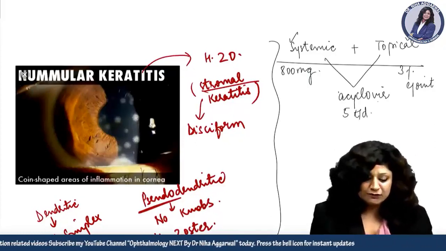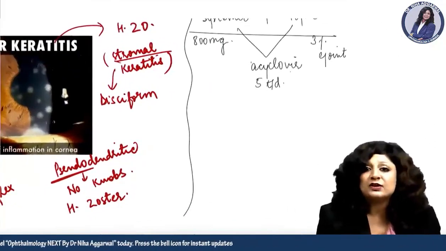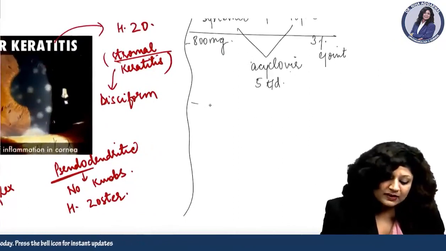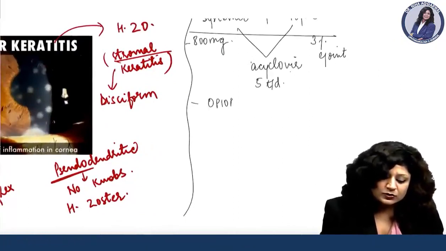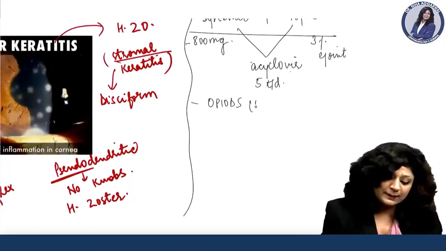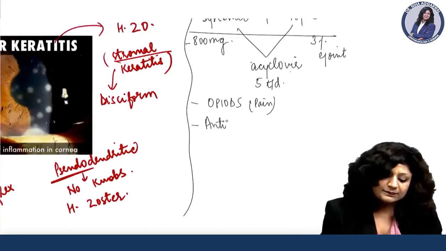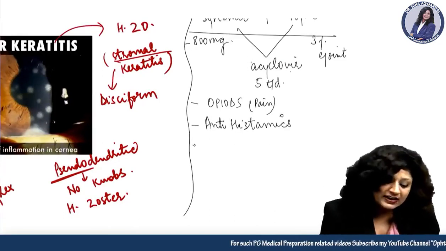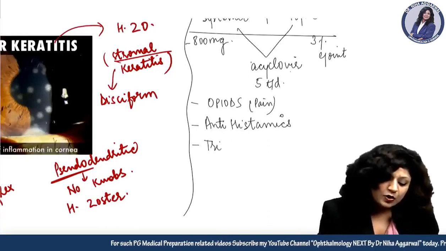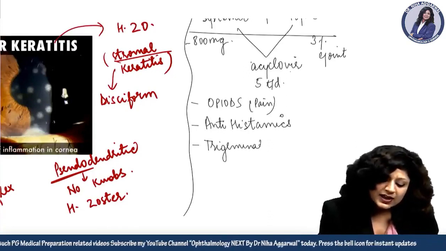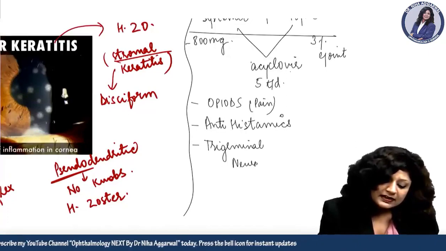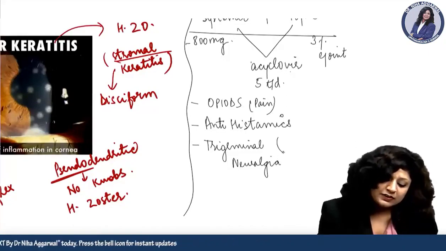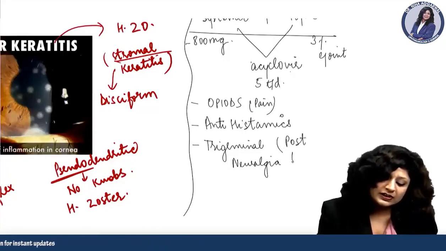What else can we give? Because here we have got a lot of itching, a lot of pain. For pain, we can use the opioids group of drugs. For the itching, we will use antihistaminics. Now because it is a systemic condition where you are having intense trigeminal neuralgia, and many a time we have even post-herpetic neuralgia.